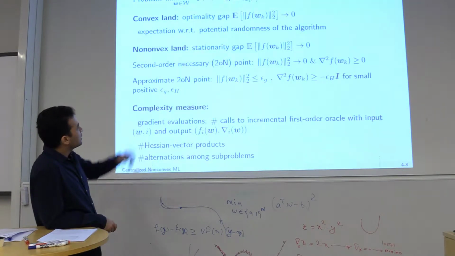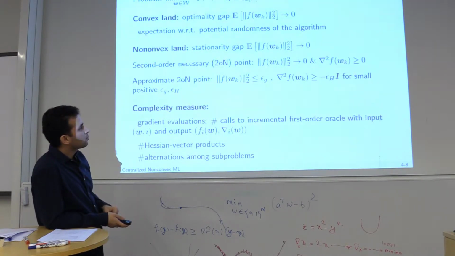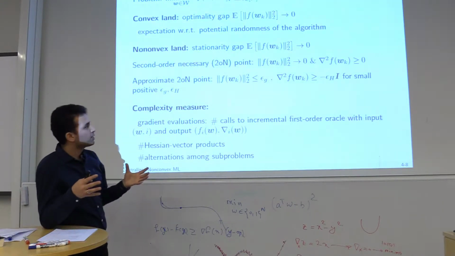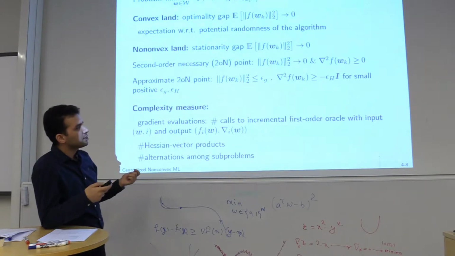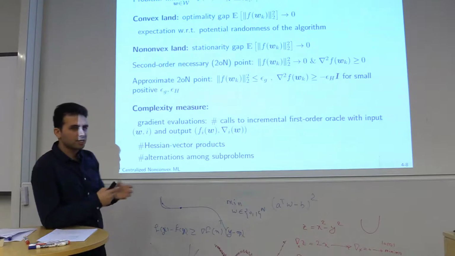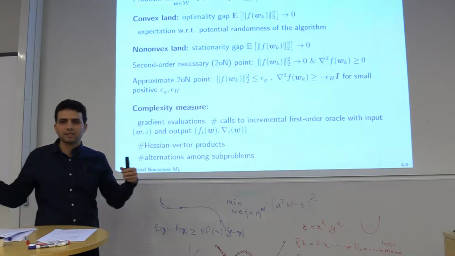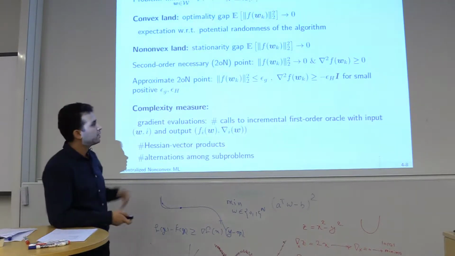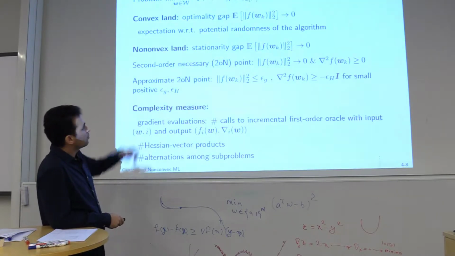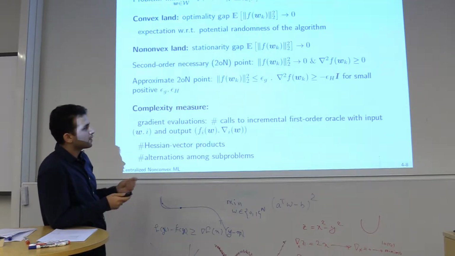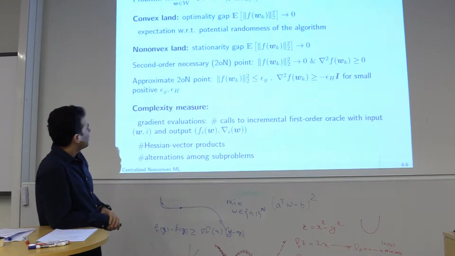And then, of course, we can define an approximate second order necessary point, which is just a ball, or a tolerance, around the gradient being 0 and the Hessian being positive semi-definite. Define some ball and then say how fast you can converge to that ball. It's just a tool for mathematical analysis.